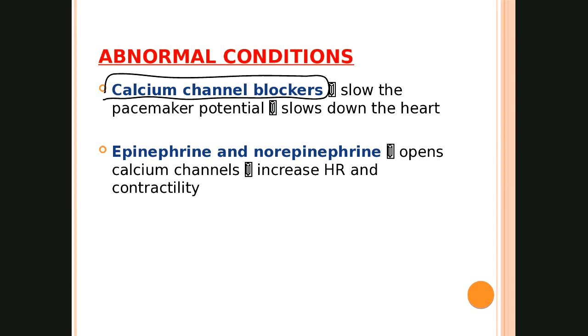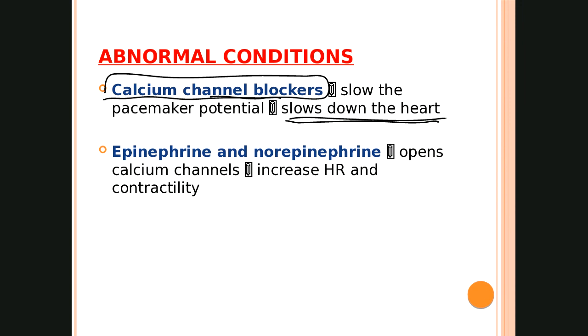Remember, calcium is what's causing the action potentials in the pacemaker cells, so we will slow down the heartbeat and lower blood pressure. So calcium channel blockers are blood pressure drugs that are given to lower blood pressure. And the way these drugs work is by blocking calcium channels in nodal cells, which are going to slow down pacemaker cells and slow down the heartbeat.